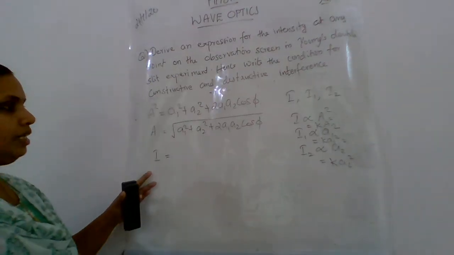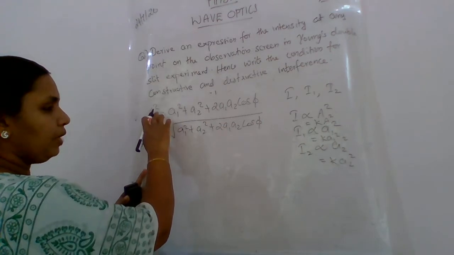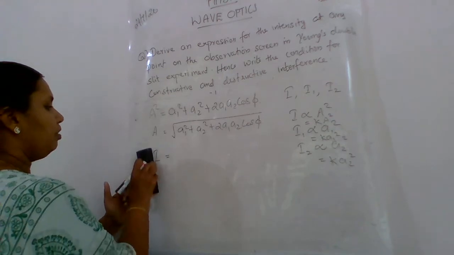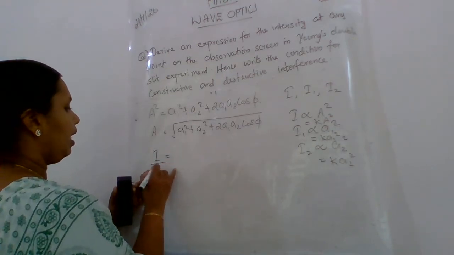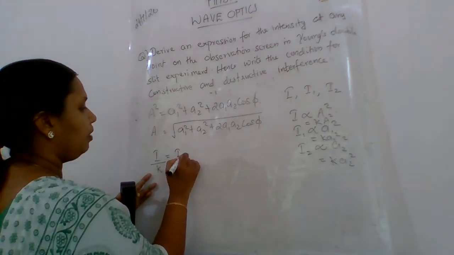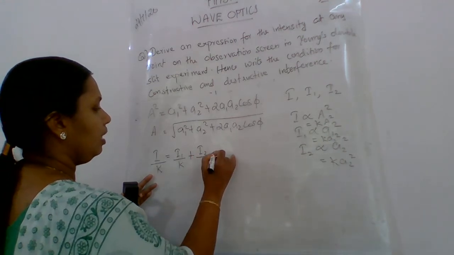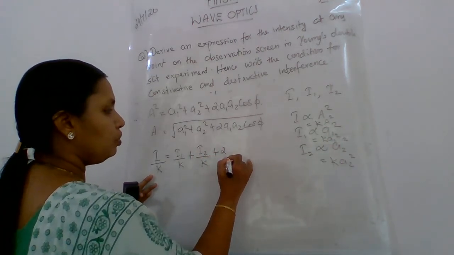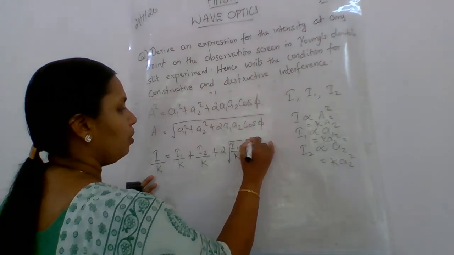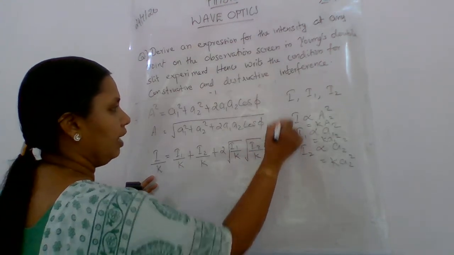Okay, so we can write, I is proportional to A square, so instead of A square we can write I by K is equal to I1 by K plus I2 by K plus 2 root I1 by K root I2 by K cos phi.